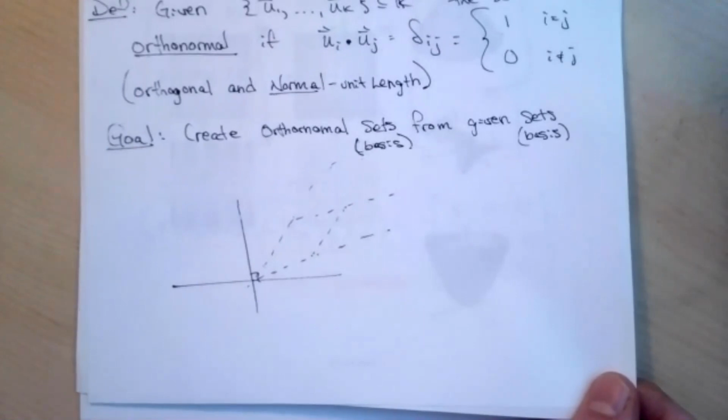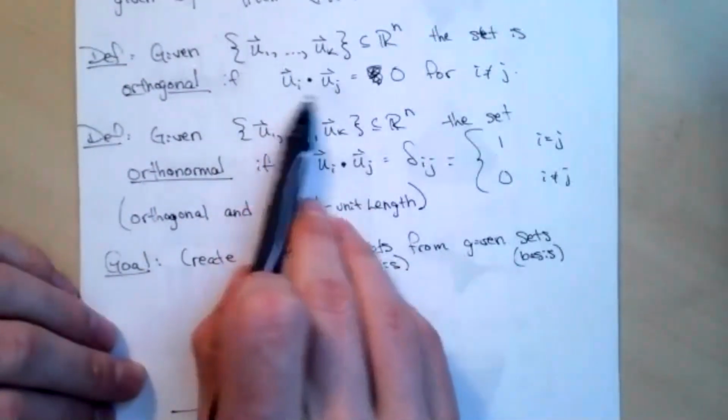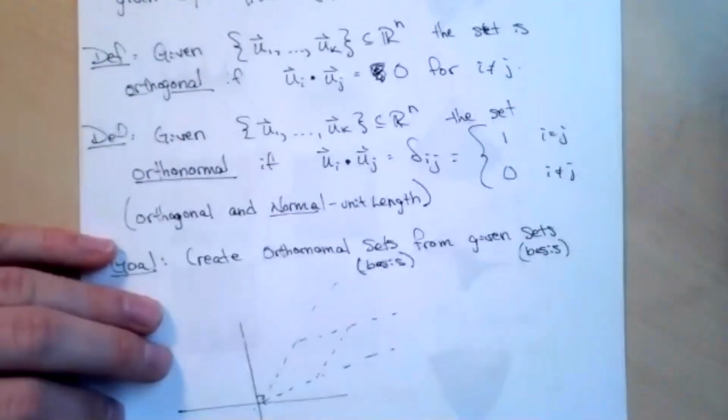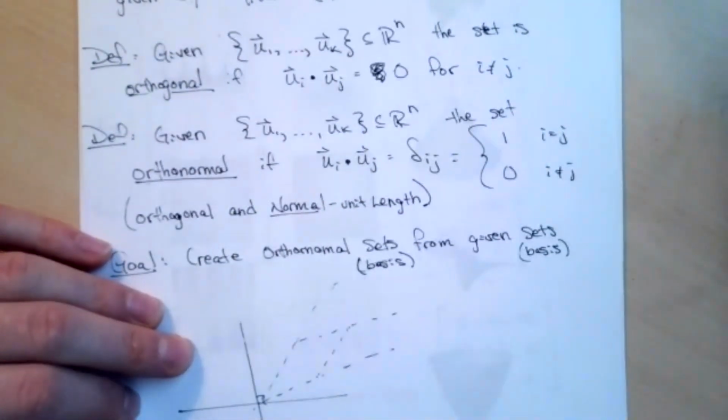But before we do that, we have to be able to figure out how we create orthonormal sets, or even at least how we can create orthogonal sets. So remember, we have an orthogonal set if for every pair of vectors in the set, if I take their dot product, we're always going to get 0. Every vector is mutually orthogonal to all of the other vectors.